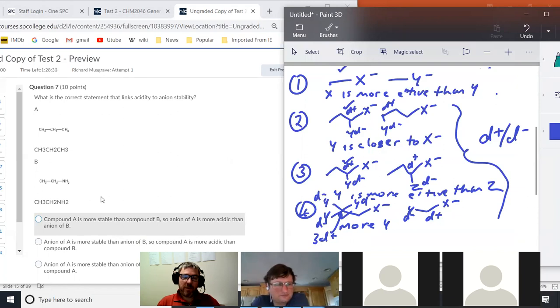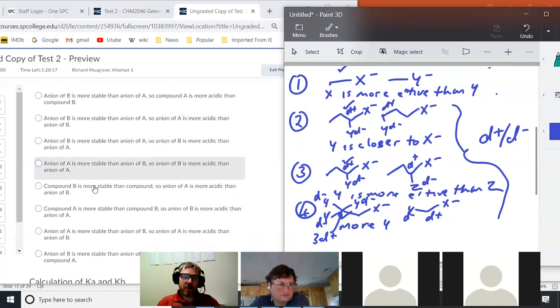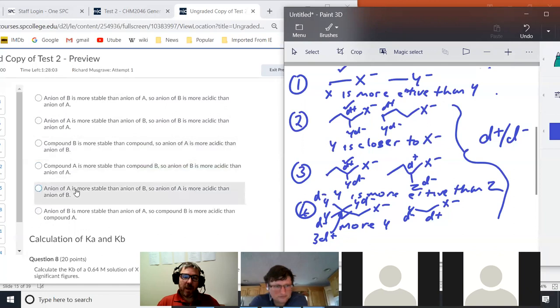The reason here is that the anion of B is going to be more stable than the anion of A. So that's going to be the reason that B will be more acidic than A. So we need to find something about the anion. Anion of B is more stable than the anion of A? No, that's not it. Anion of B is more acidic than the anion of A? No, that's not it. Anion of B is more stable than the anion of A, so compound B is more acidic than compound A. That would be the correct wording there.